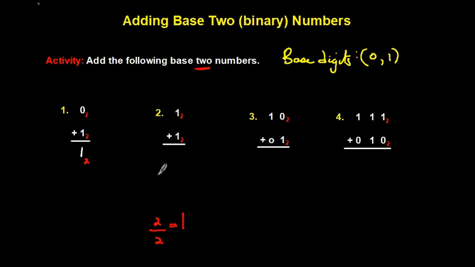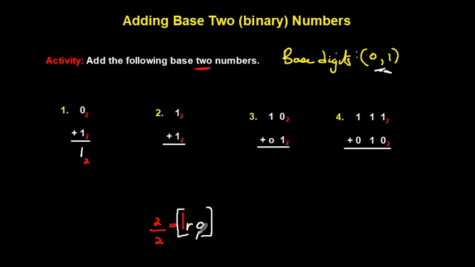1 time, remainder 0. Now if you look at these digits, 1 and 0, those are the digits that are in the base 2 system. That means it is safe for you to write 1 and 0 in your answer.